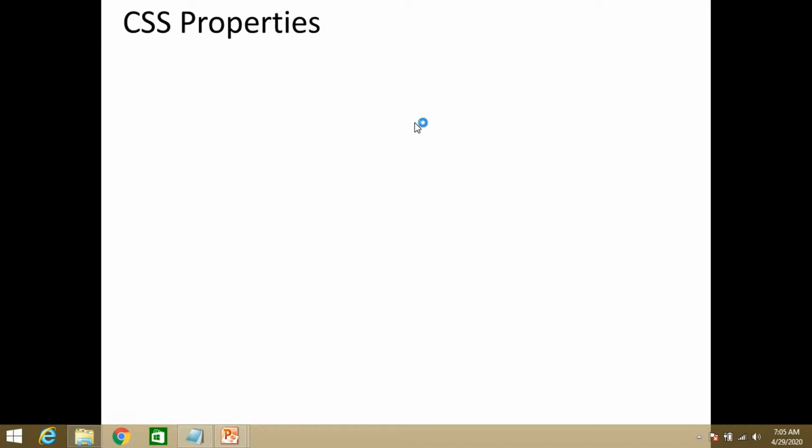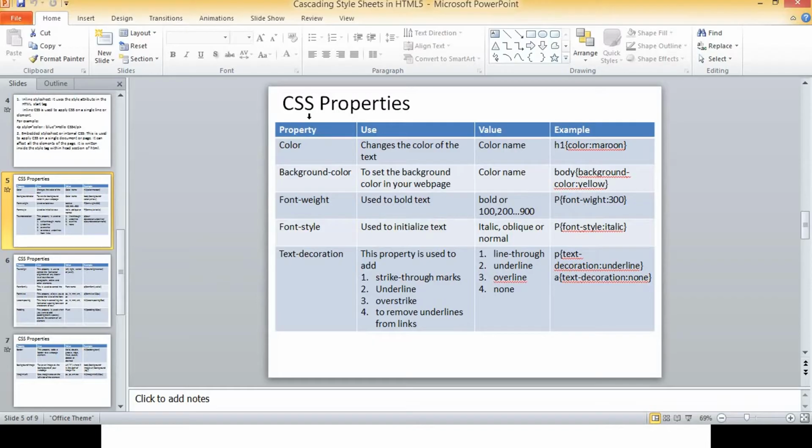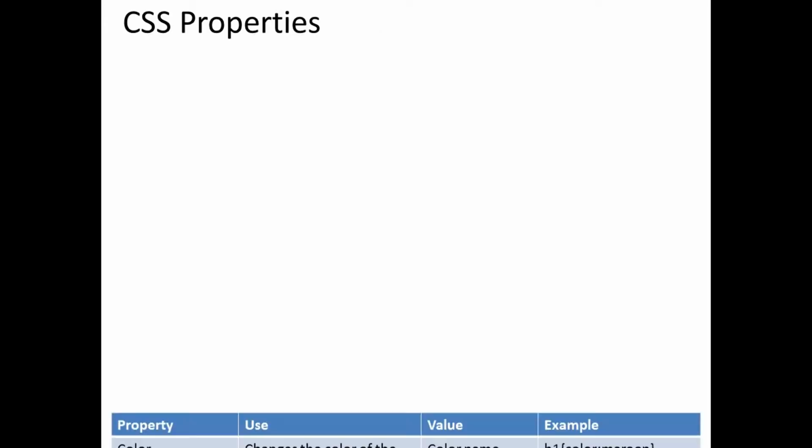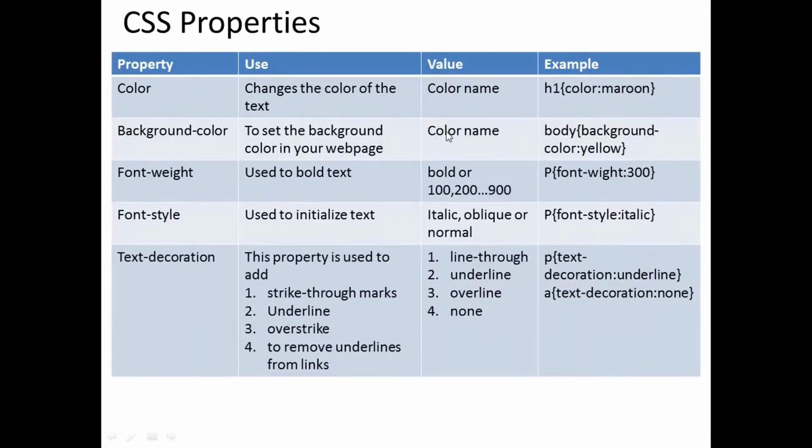Some of the properties we have seen: color name for h1, and background color, this is for the text, this is for the background of the body, the whole body, and then font weight, font style, and then text decoration.